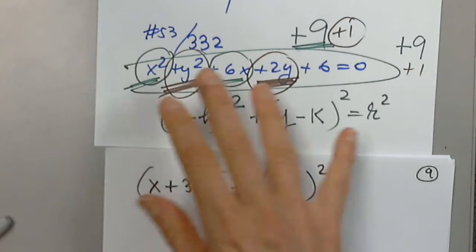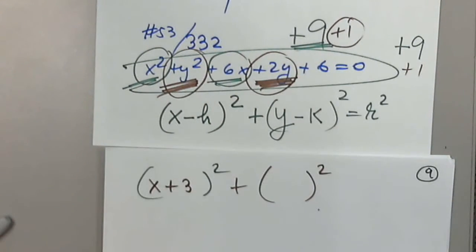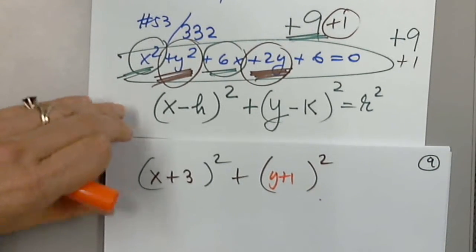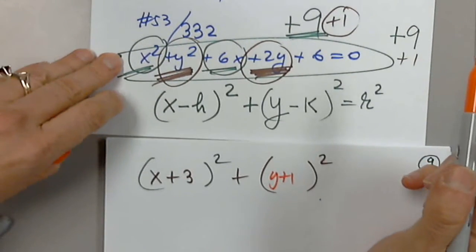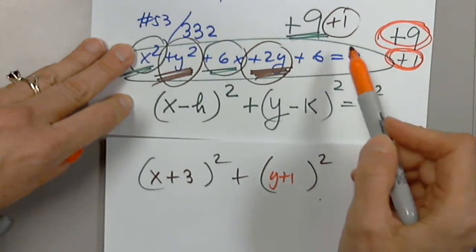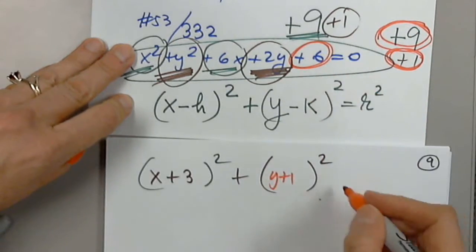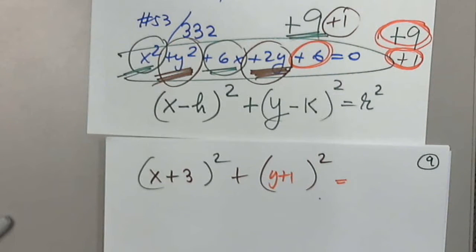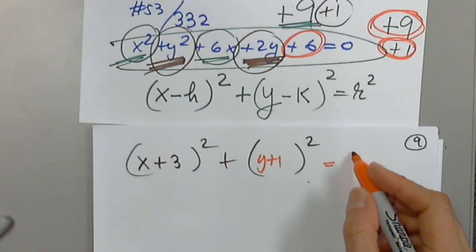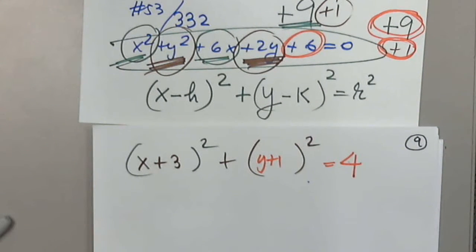So then, yes, indeed, y plus 1. Very good. And now, what is not accounted for is this, and is this. But you have to move 6. Yes. So the answer is 4. Very good.